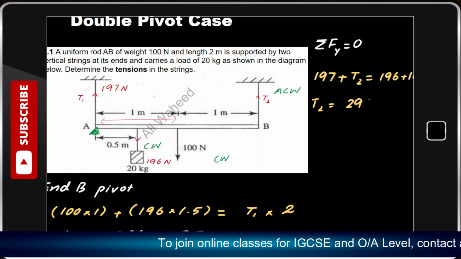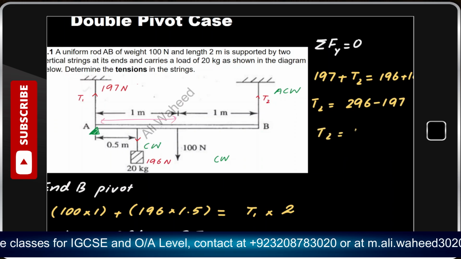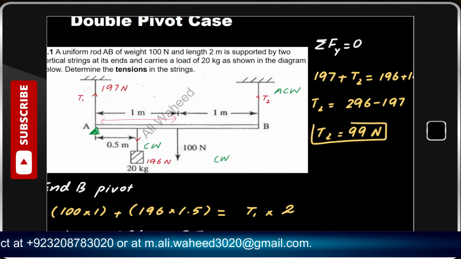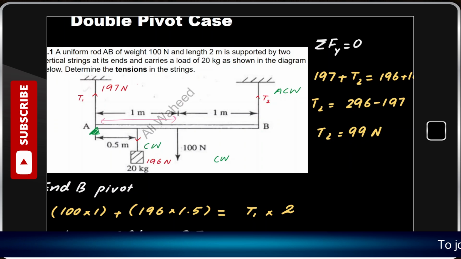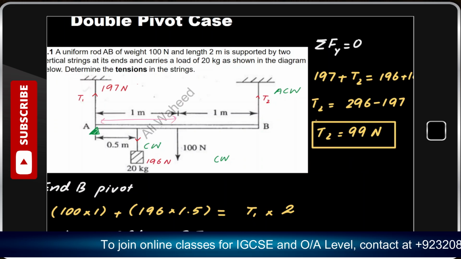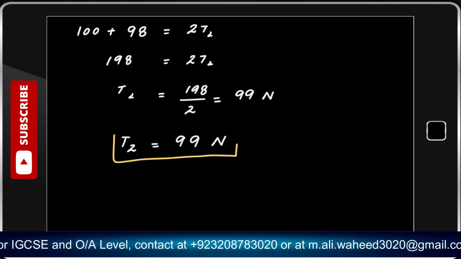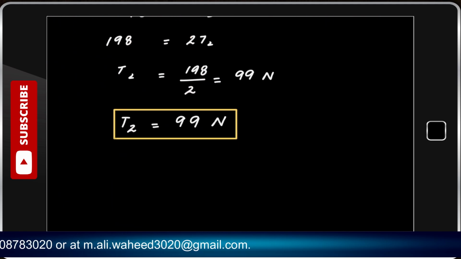It'll be 296 minus 197, and T2 would then be 99 newtons. So you see, you get the same answer for T2, 99 newtons. Either way, you're getting the same answer: 99 by this method, and by the other method you had the same answer, 99. So let us try another example.